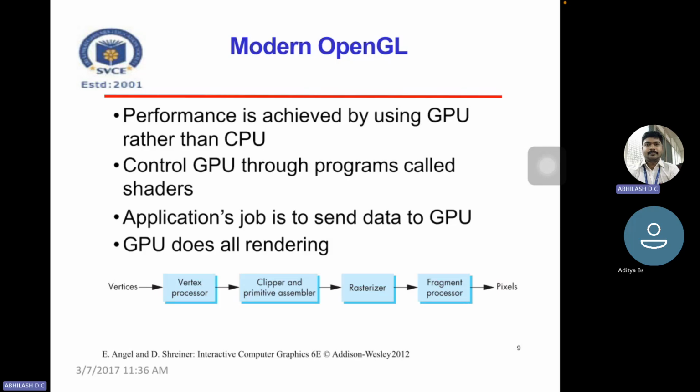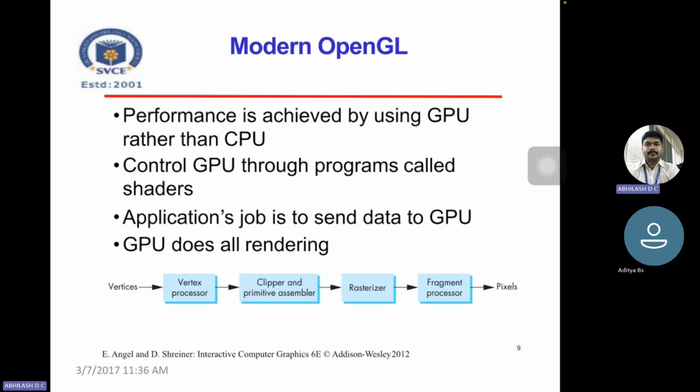We also had the rendering process, which goes through the block diagram we can see below. We had the vertices generated by the CPU, which now need to be processed. All these four blocks you can see are with respect to the GPU. Once we get the vertices from storage, these vertices are present in the secondary storage.